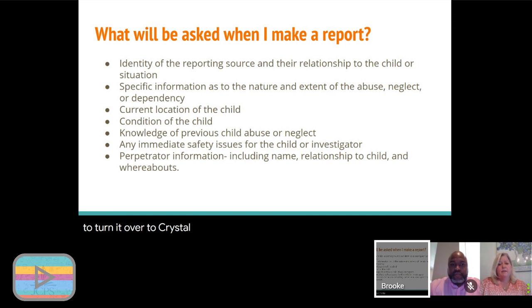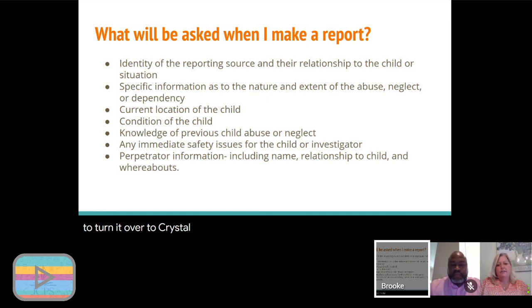The specific information as to the nature or extent of the abuse or neglect or dependency, that is simply, tell them what you know. Current location of the child, condition of the child, knowledge of any previous child abuse or neglect. That is not necessary. It's just always something that we ask because, again, if we start to see patterns, those are huge red flags to us.